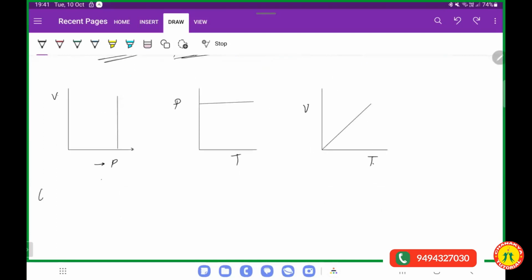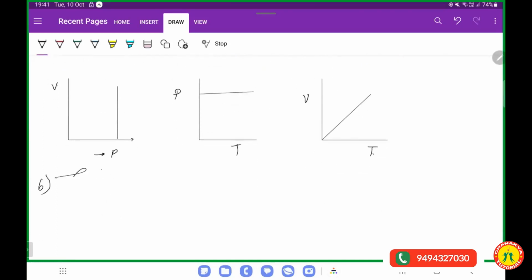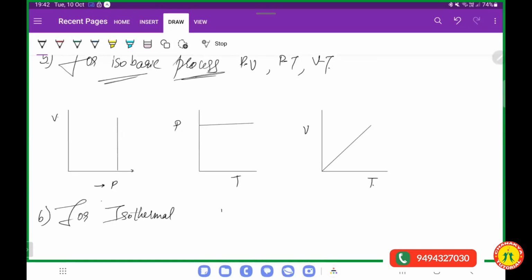So isothermal. Again, draw all these three: PV, VT, and PT.